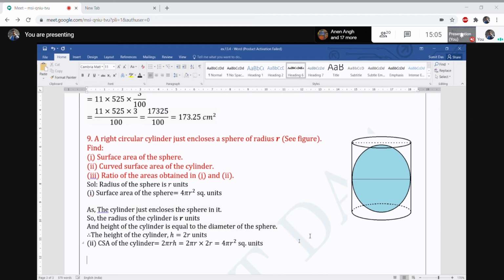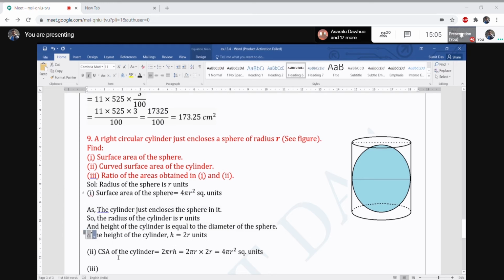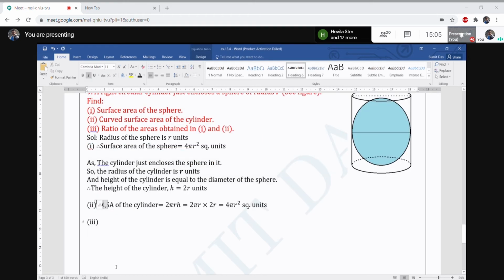Then number 3 is asking the ratio of the area obtained in this one and this one, so you have to just find the ratio.